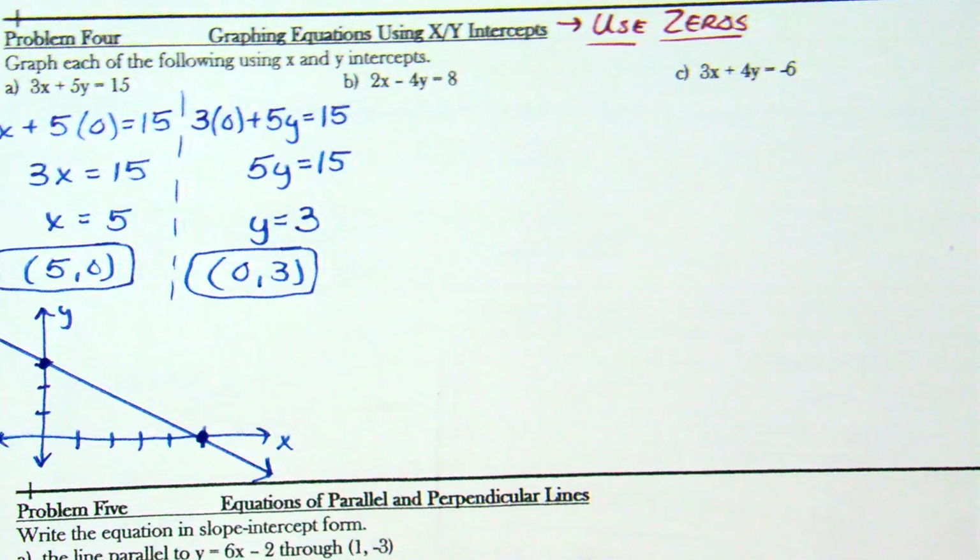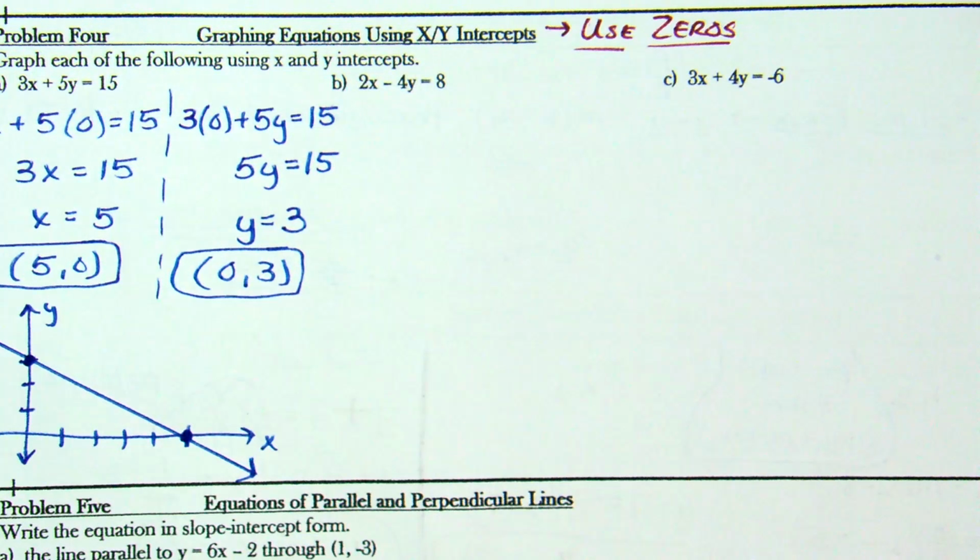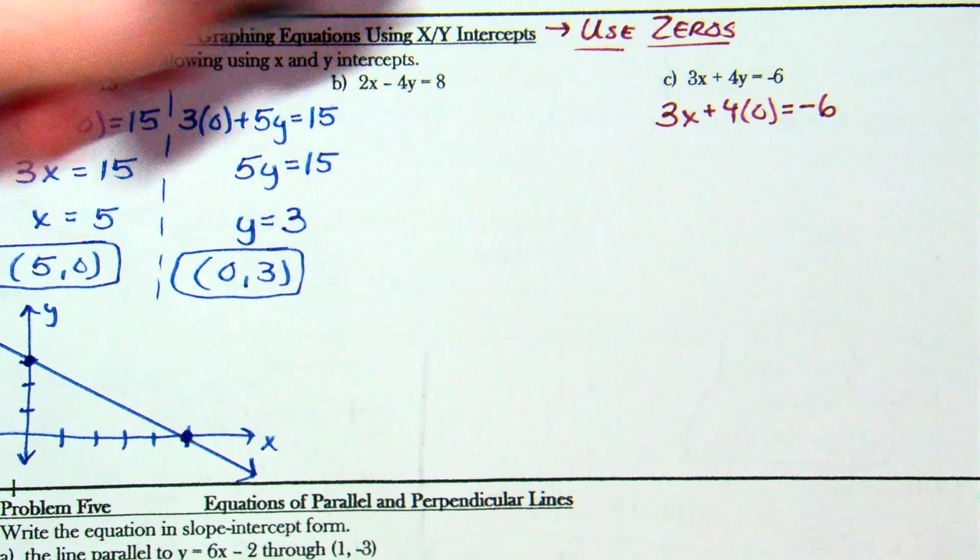That leaves me with 3x equals negative 6, and so x is negative 2. As an ordered pair, that is negative 2, 0. Because I found x to be negative 2, and I put in 0 for y.